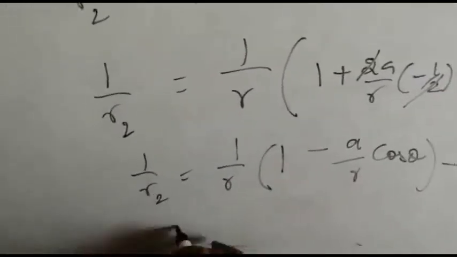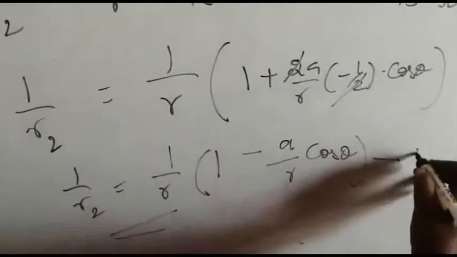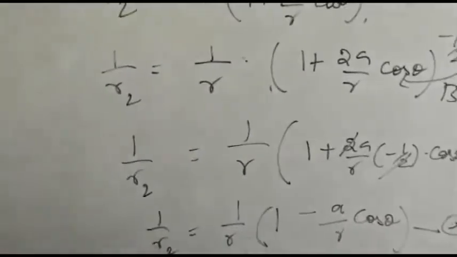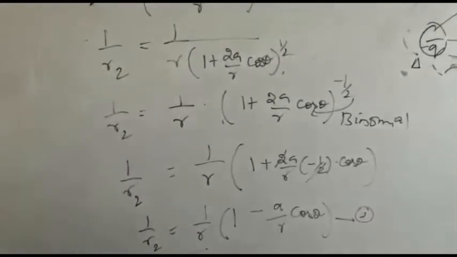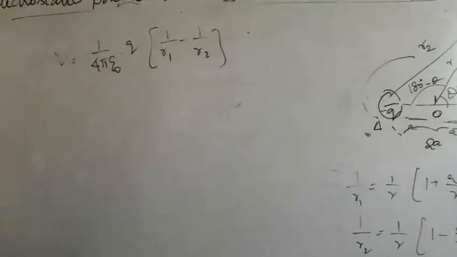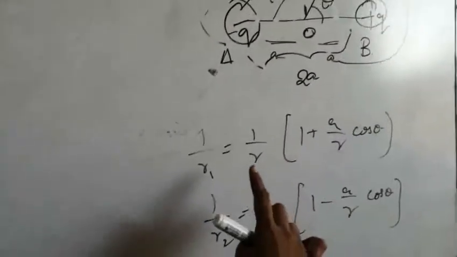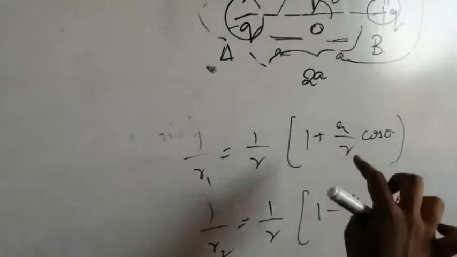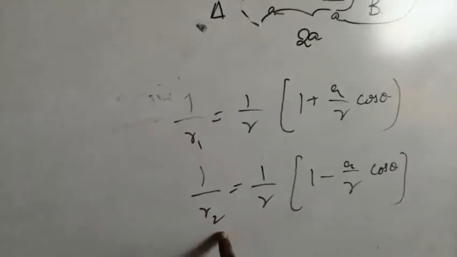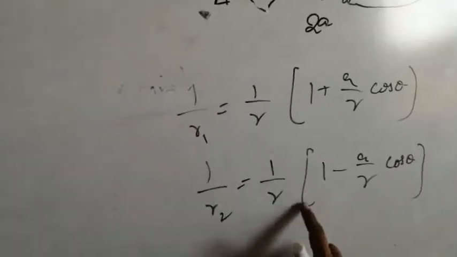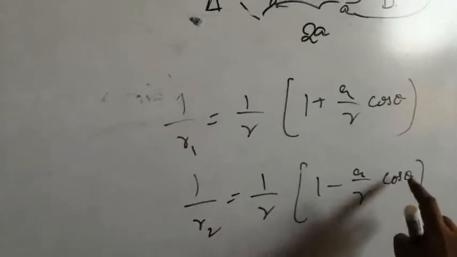This is what is for 1 by r2. So I have the value of 1 by r1 as 1 by r into 1 plus a by r cos theta and 1 by r2 as 1 by r into 1 minus a by r cos theta.